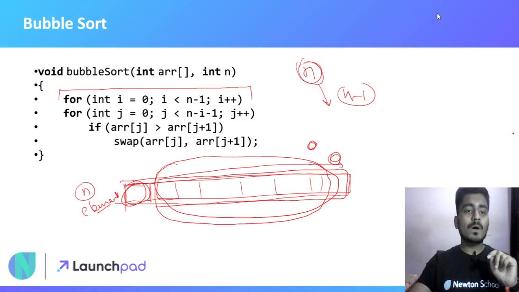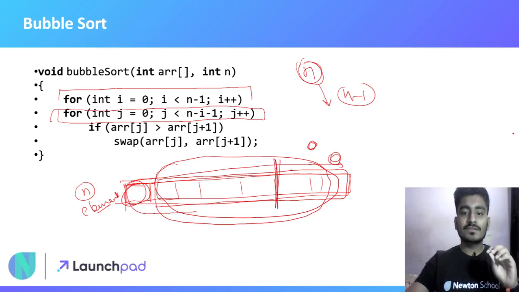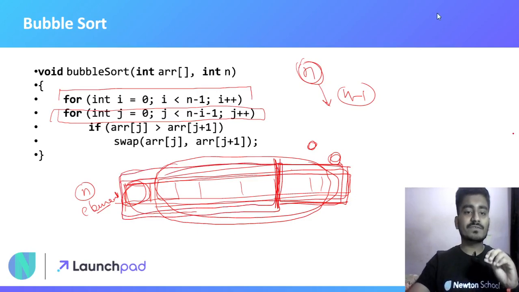Fine. Now in the inner for loop, we will simply do the iteration. Suppose till now we have this much of array sorted. So now we will do the iteration for this much of array only, and that is j less than n minus i minus 1.